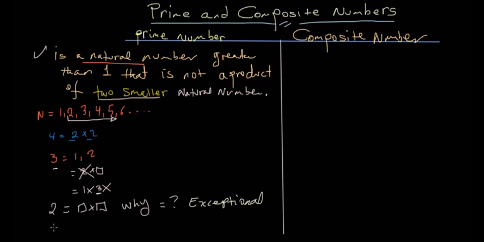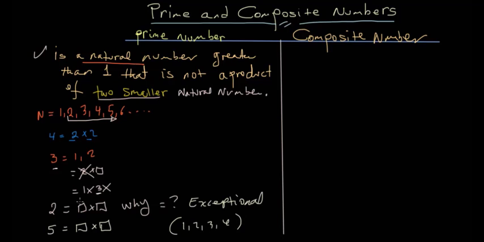Okay, let's see 5. Do you have any 2 numbers that give you 5? 2 natural numbers smaller than 5. The numbers smaller than 5 are 1, 2, 3, and 4. Are there any numbers whose product is 5 when you take from this?